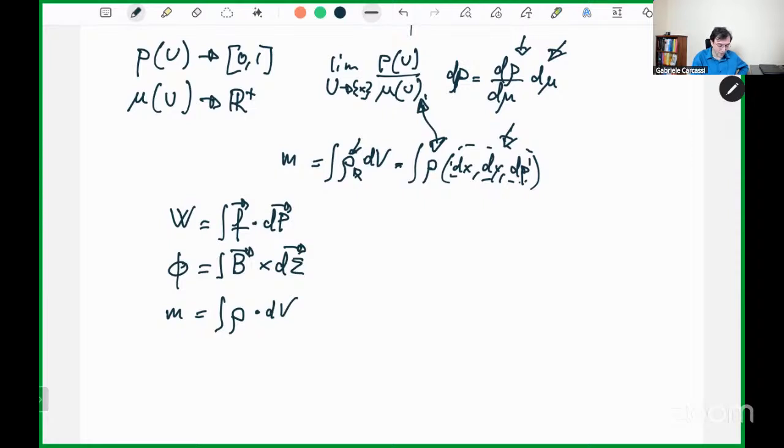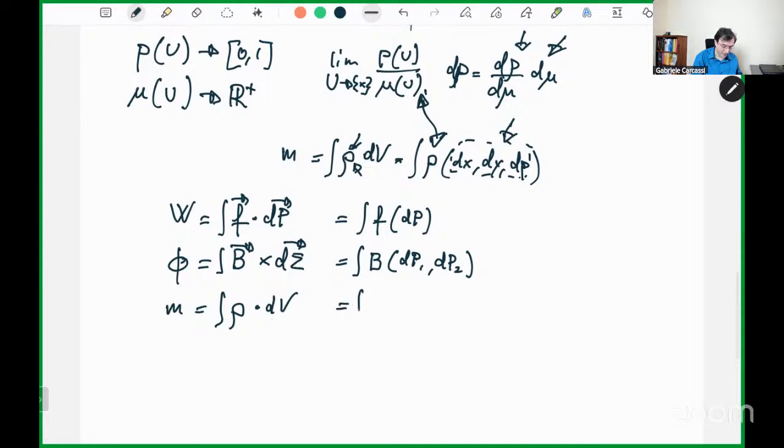But again, the way that we can rethink all these is that this is an integral of f that takes a single infinitesimal displacement. This is an integral of a magnetic field that takes two infinitesimal displacements, dp1 and dp2, and the two infinitesimal displacements make the area. And this is my density, and my density is a function that takes three infinitesimal displacements.